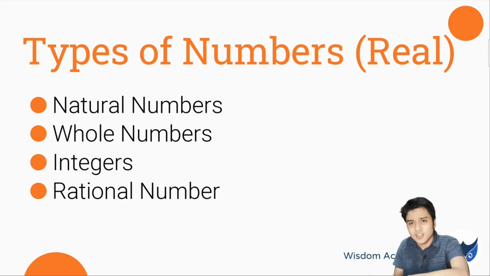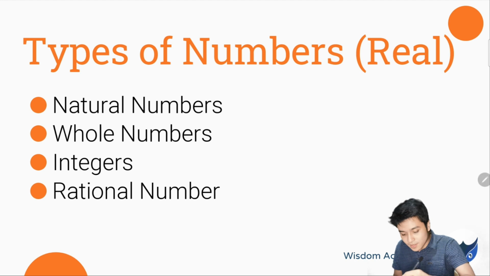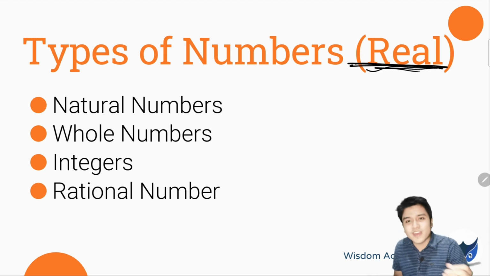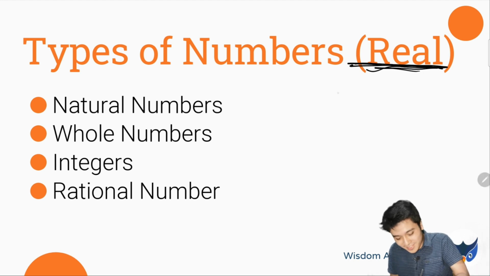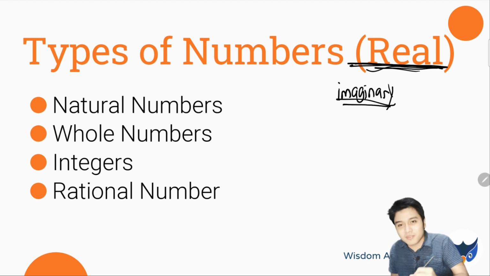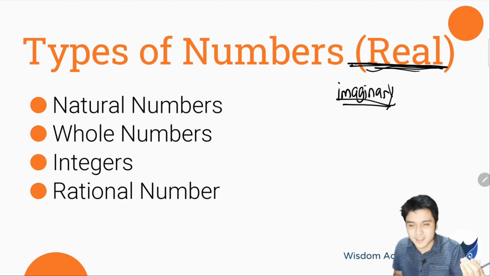Now, ito yung types of real numbers natin. Take note, they are real numbers. So, bakit yung sinasabing real? Meron bang fake numbers? Meron bang numbers na kathang isip lang? Yes po, meron po tayong tinatawag na imaginary numbers. At yun yung numbers na kathang isip lang talaga kasi hindi talaga sila nag-exist.